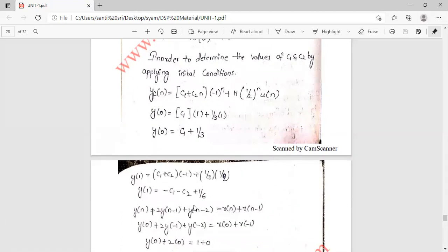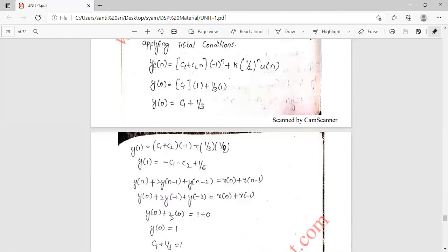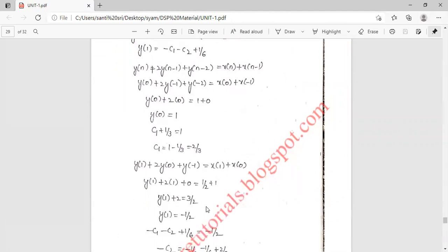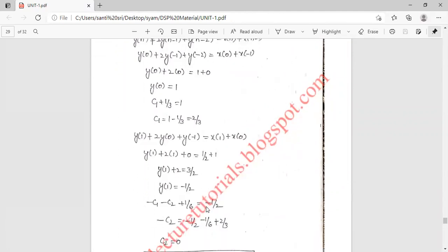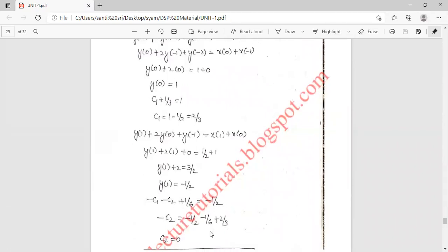Substitute in the equation also. We substitute the values of 0, 1 and 2. So y of 0 equal to 1, or c1 plus 1 by 3 equal to 1, and c1 is 2 by 3. Similarly, by substituting 1, we will get y of 1 equal to minus 1 by 2, or minus c1 minus c2 plus 1 by 6 is minus 1 by 2, and c2 is 0.